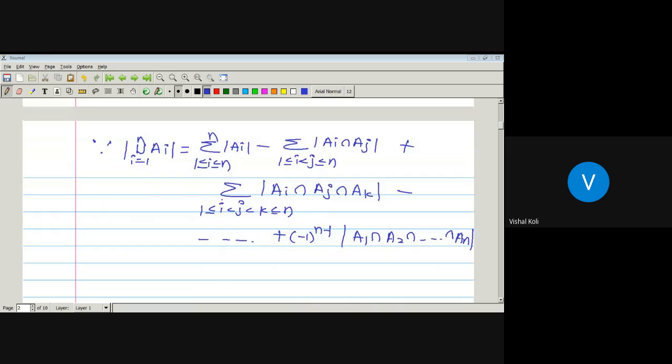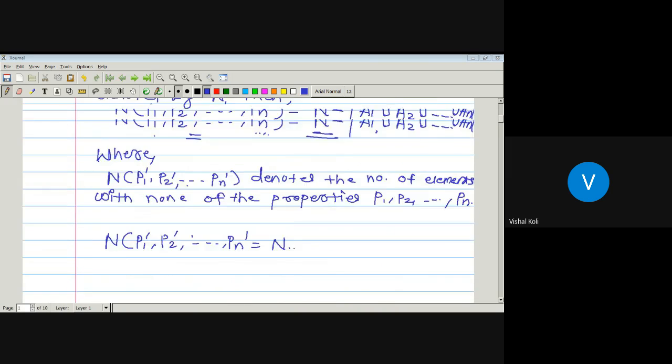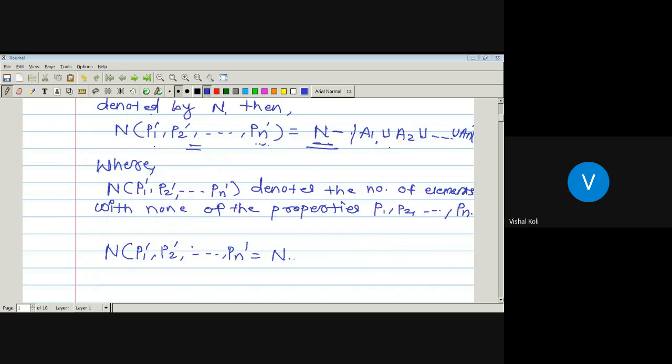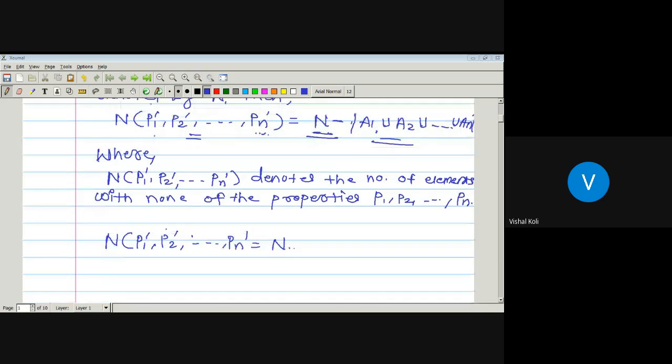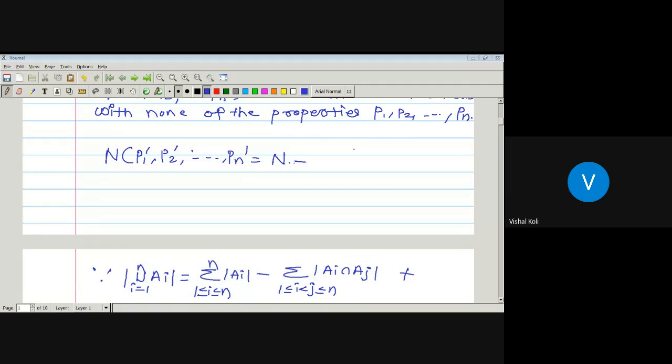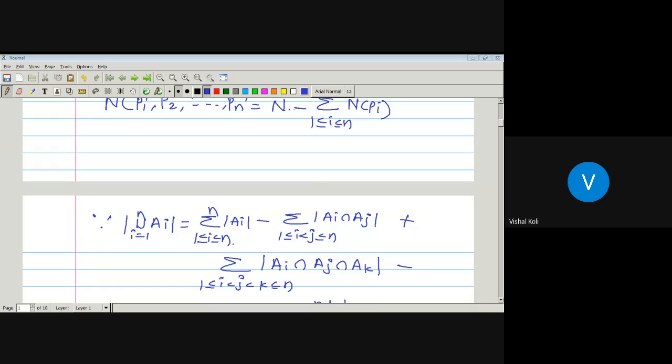Okay, so this will be the cardinality of the union over i running from 1 to n of Ai, and n of P1 dash P2 dash up to so on Pn dash is nothing but n minus cardinality of A1 union A2 union up to so on union An. So just here we have to put the value of this one. Then here n minus summation over 1 less equal i less equal n of cardinality of Ai.